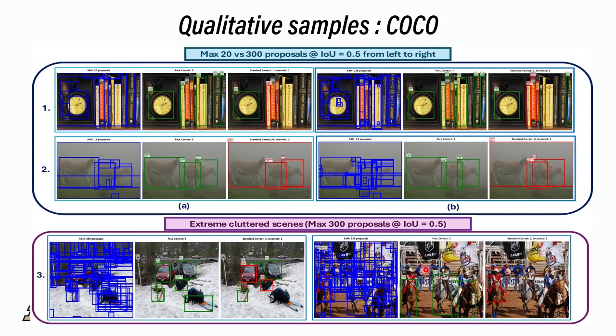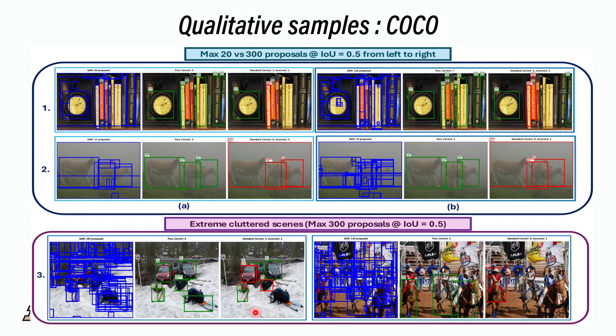In this slide, we see some qualitative samples. On the left side, you have 20 proposals per image. On the right-hand side, you have 300 proposals, and you can see how much it can vary based on how many objects you have. One quick clean takeaway is that FocL predictions are more correct than standard.